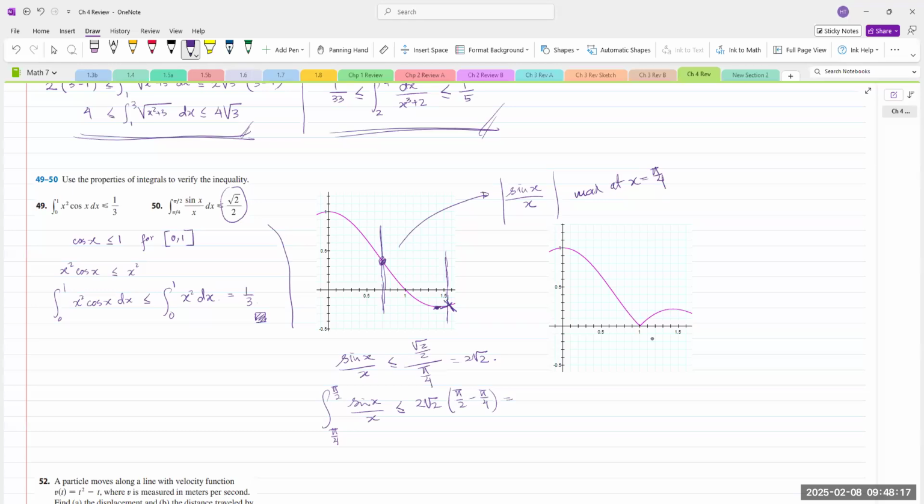Oh, I'm missing the pi. Then we get radical 2 over 2. So then we prove it.